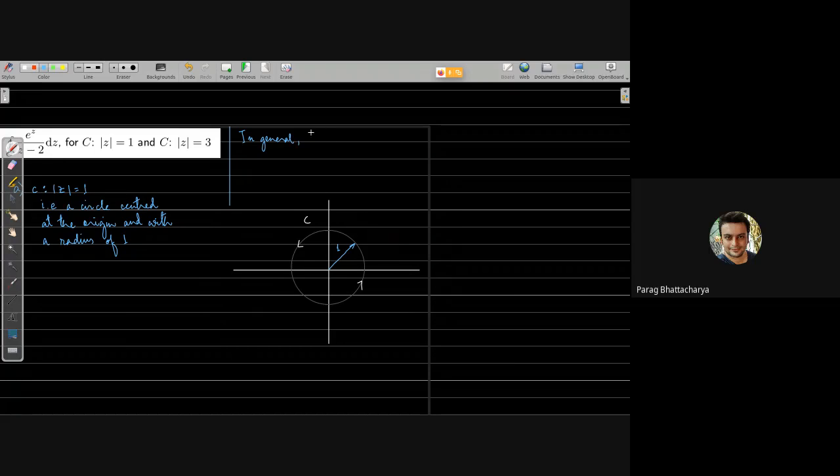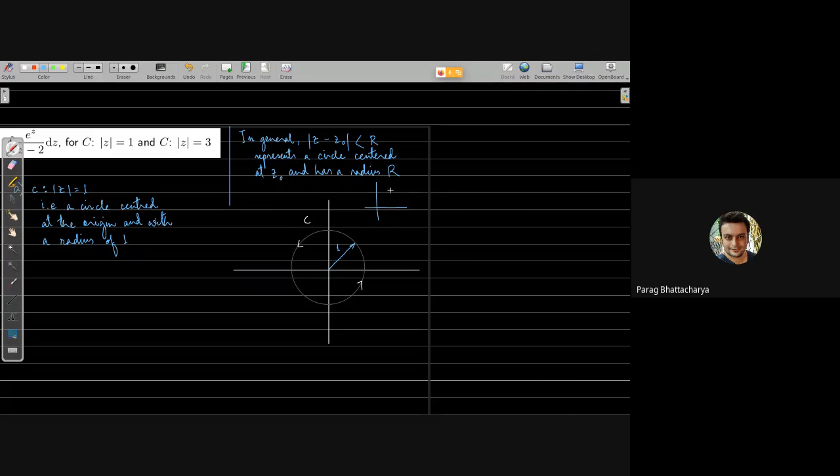In general, if I write something like modulus z minus z naught is equal to, let's say, some r, it represents a circle which is centered at z naught and has a radius of r.